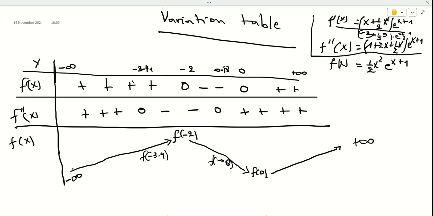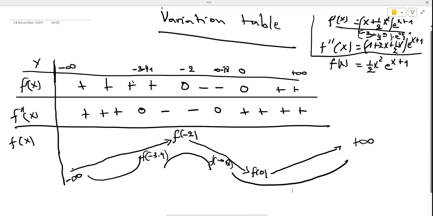Since we have a positive sign for the second derivative, from minus infinity to minus 3.4 the function has an upward concavity in this interval, in this interval it has a downward concavity, and in this interval it has upward concavity. So the function will have this look: first upward concavity, downward, and then upward. And then like this, we are now ready to sketch our function.